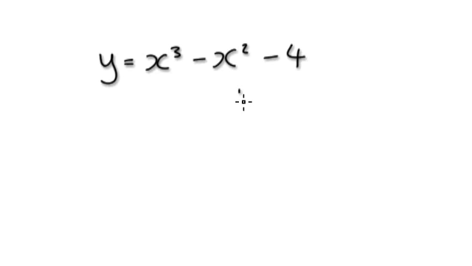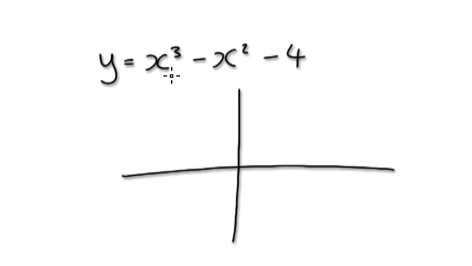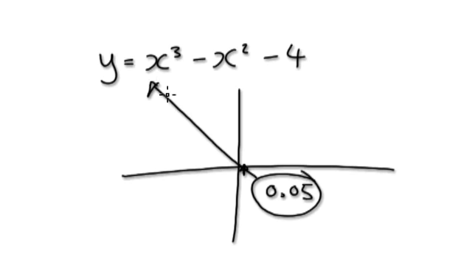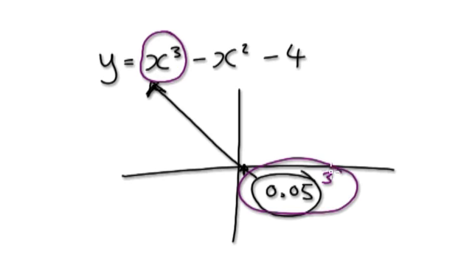Okay, so you see, when x is small, let's say when x is around, I don't know, 0.05. Well, if you put this into here, it turns out that 0.05 to the power of 3 is a really small number. This here is also a small number, but then 4 here dominates.